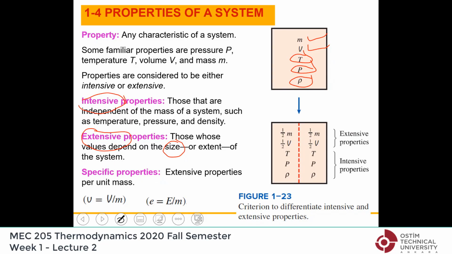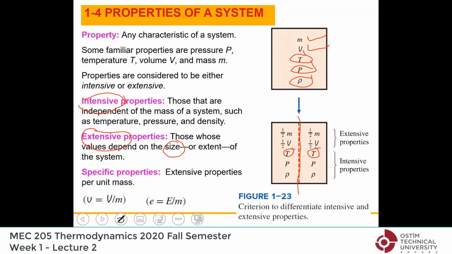And what is the criterion to distinguish between intensive and extensive properties? Let's say you have a system, you divide the system by half, as you see here, into two equal parts. The intensive properties remain the same. That is, the temperature doesn't change for each part, but extensive properties go down by half for each part.